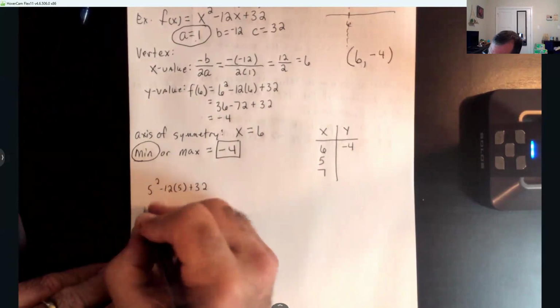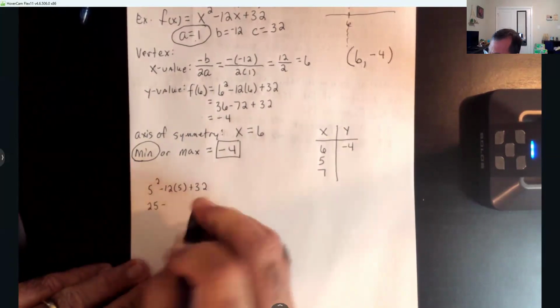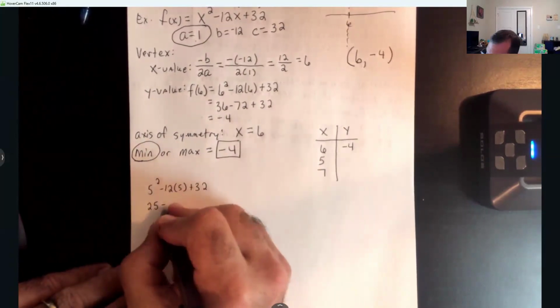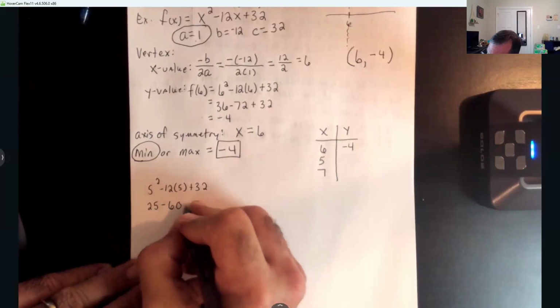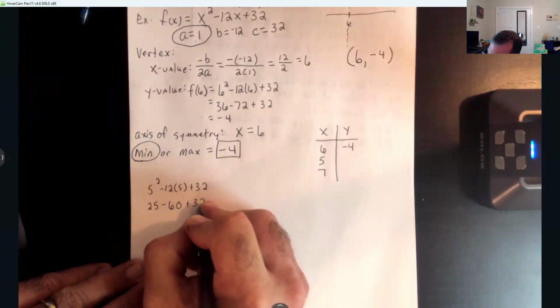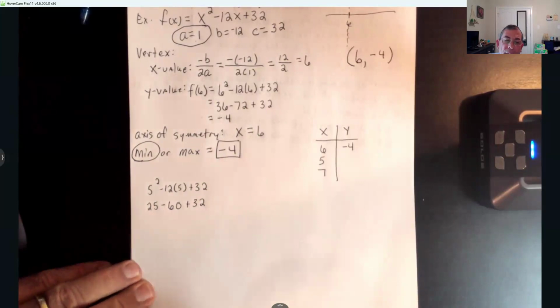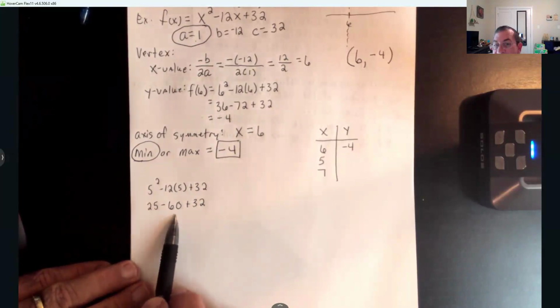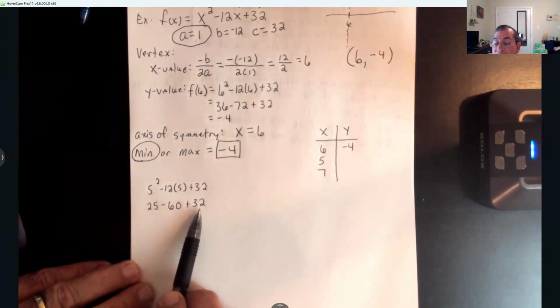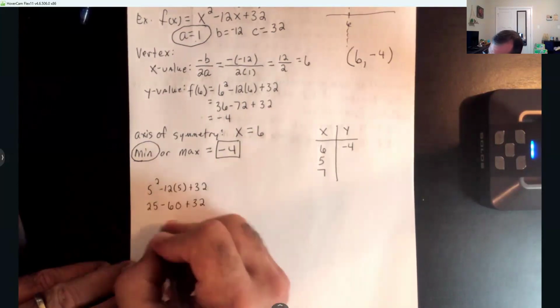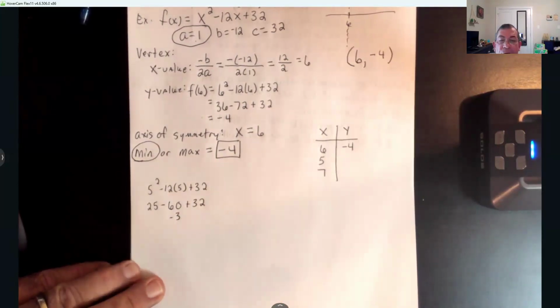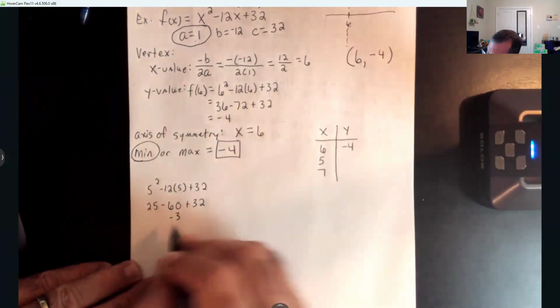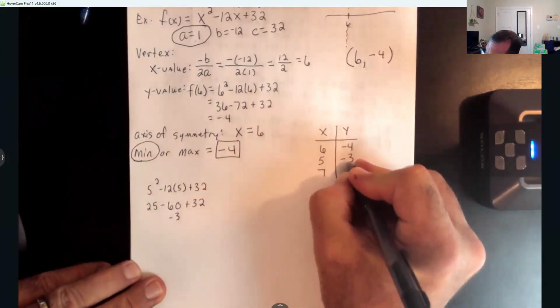All right, y'all, 5 squared is 25. 12 times 5 is 60, so that'll be 25 minus 60 plus 32. If you add all these together, 25 minus 60 gives you negative 35. Negative 35 plus 32 gives me a negative 3. So when x is 5, y is negative 3.